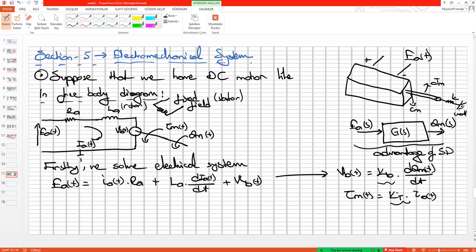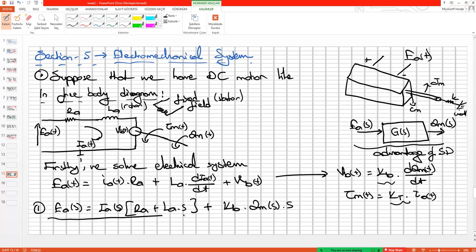This electromechanical system based on the electromagnetic theory can be summarized by using these terms, okay? And after that we can write the first equation in terms of E_a(s), which is equal to I_a(s) multiplied by Ra plus La s, plus K_b, which comes from this term, and so theta_m(s) times s, okay?